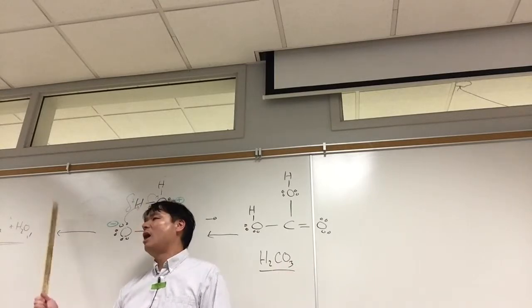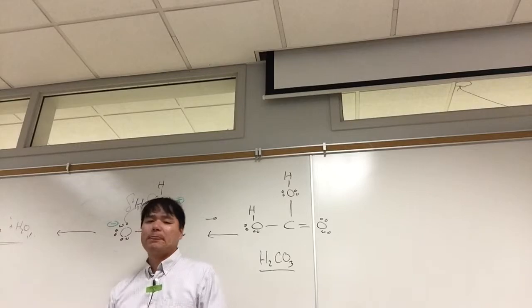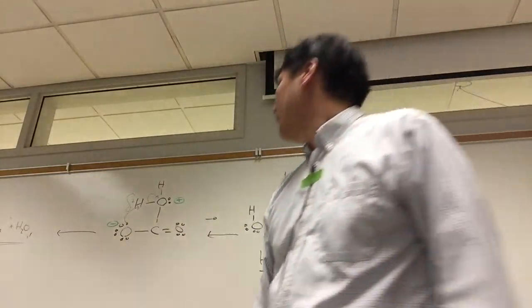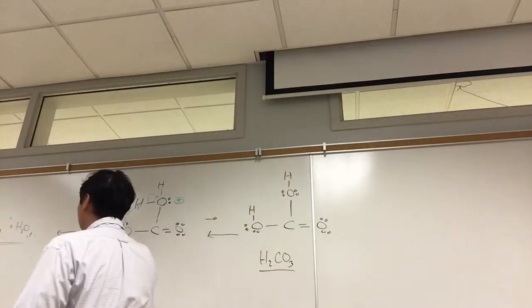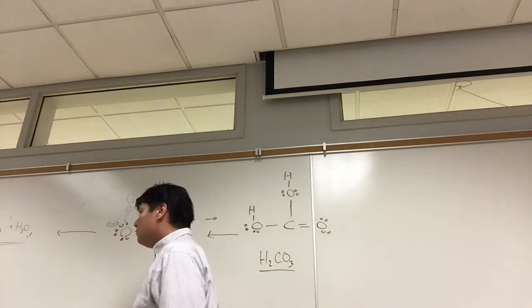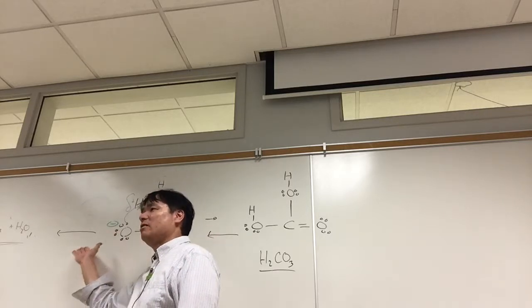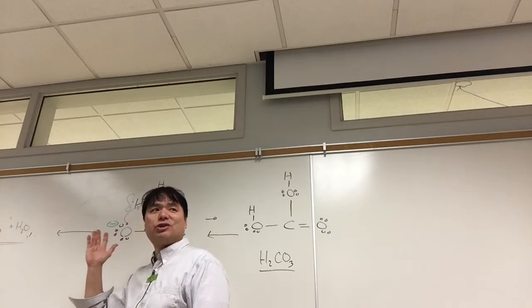And that might tell us why CO2 and water is favored. But anyway, even though you memorize this, it's kind of hard to predict. If you didn't memorize that carbonic acid's unstable, well, what's the driving force here? It's tricky, isn't it?